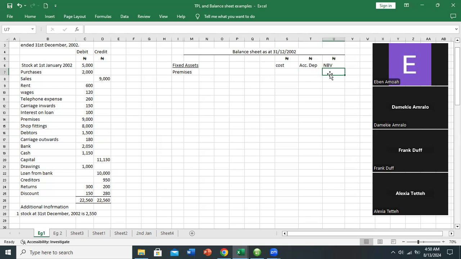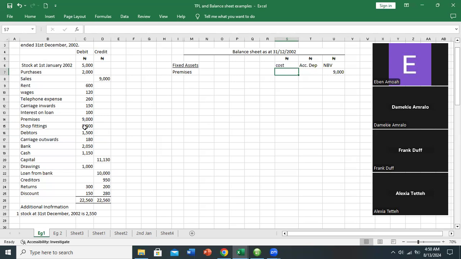You put the value under the net book value straight away. However, you can also decide to put the cost there, and under the depreciation, it will be 0 or dash, okay? But you can put it straight under the third column.